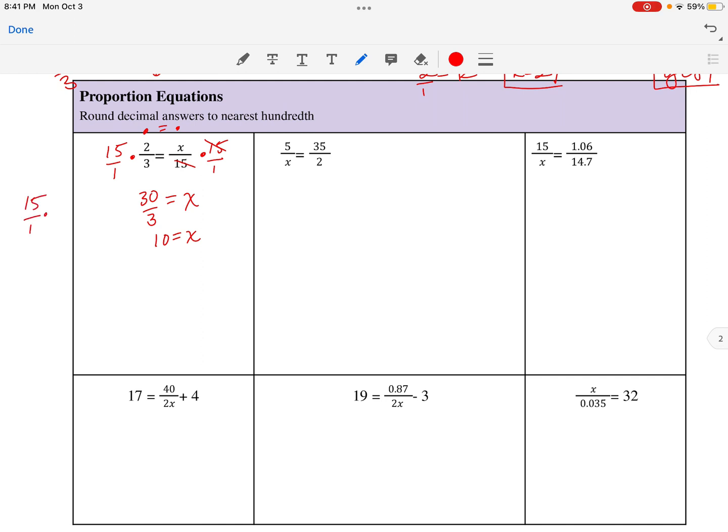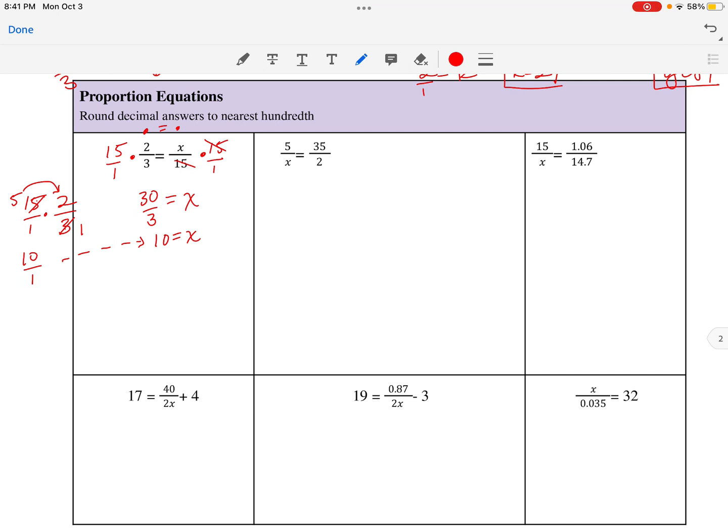I could have alternatively done my little cross-canceling and seen that 3 and 15 have a common factor. They can both be divided by 3. 3 divided by 3 is 1, and 15 divided by 3 is 5. And then I just get to do 5 times 2 on the top, which is 10, and 1 times 1 on the bottom, which is 1. And that would get us right to 10 here. So either way is fine.